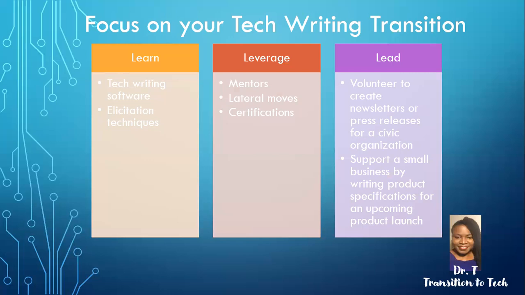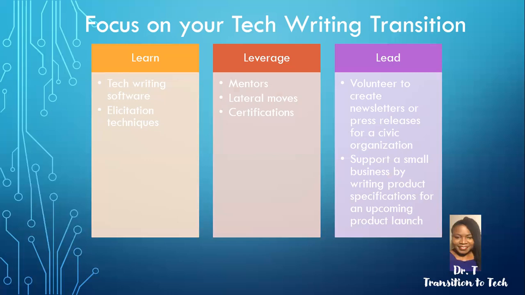So if it's a software company, you want to become familiar with writing tech specs and potentially any online help that will go along with the software that the company might be producing. And then also elicitation techniques. So you may have the benefit of a business analyst in your writing, but you may not.